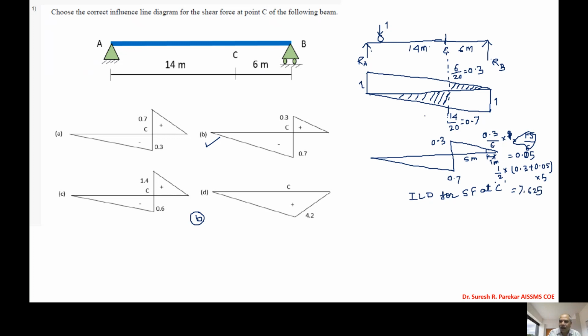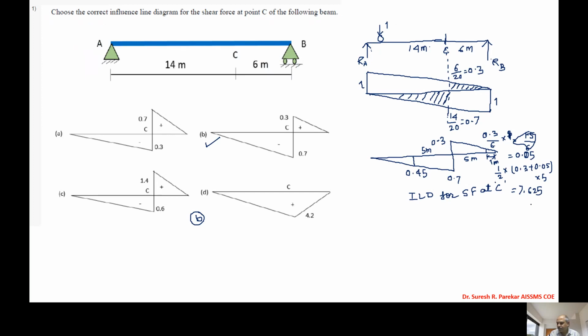So that area comes 7.625. And if we are on this side, so if I consider 5 meter on this side, in that case, I will get this value. Now I will not calculate it. I have already calculated it is 0.45. And then if we calculate the value of this, now this is 7.625 and we have load as 10.